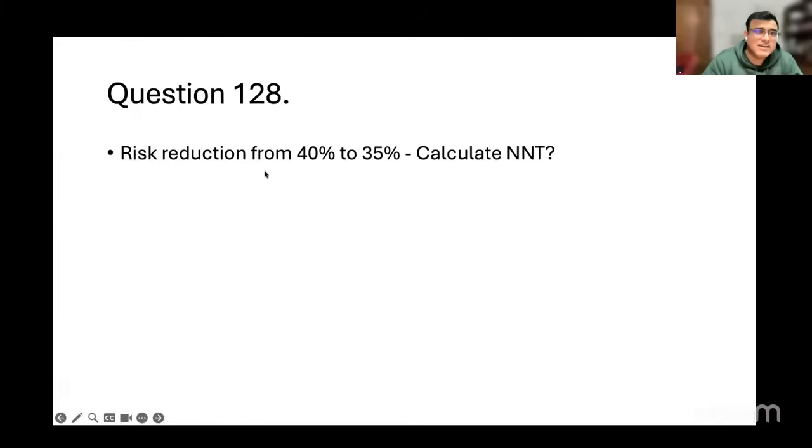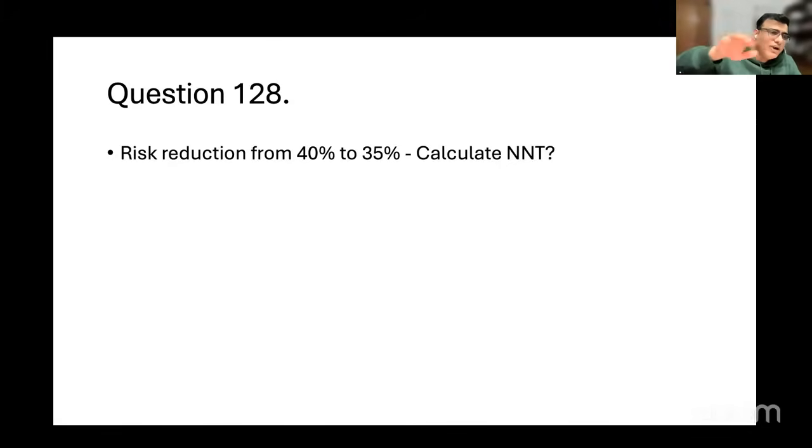So risk reduction 40 to 35, calculate number needed to treat. Number needed to treat is 1 by ARR. In this scenario, the absolute risk reduction is 40 minus 35, that is 5%, which comes to 0.05. So 1 by absolute risk reduction equals number needed to treat.